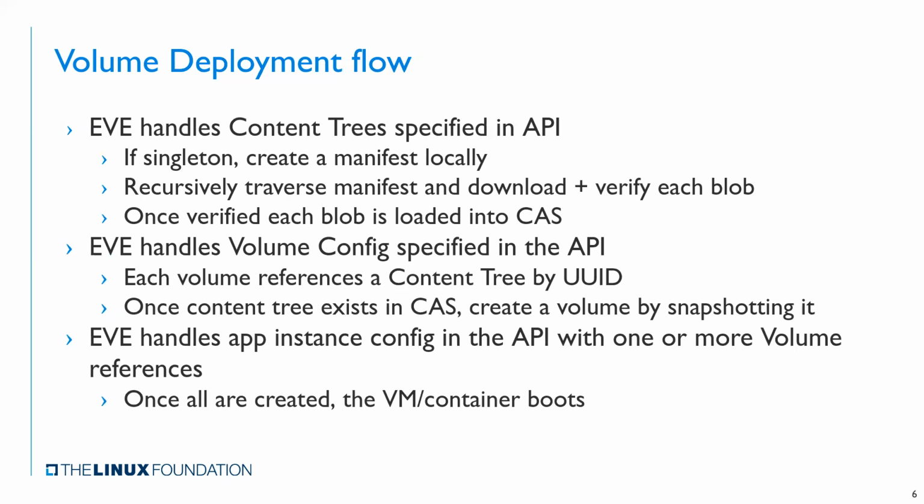And each volume references some content tree specified by UUID. So in terms of Eve interacting with things, they operate by UUIDs. When you're looking at things in the controller, the stuff might be in the form of names or tags or whatever to keep track of the reference.